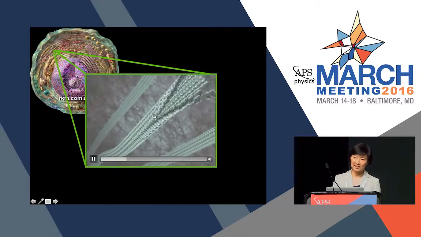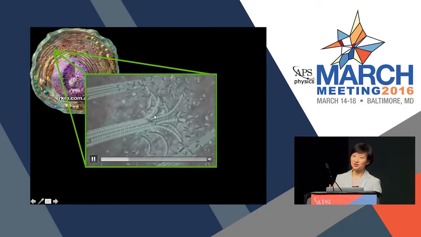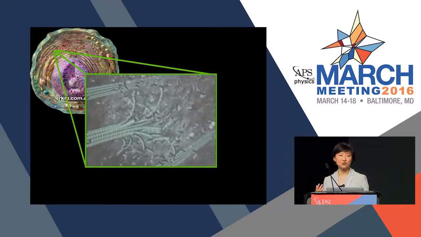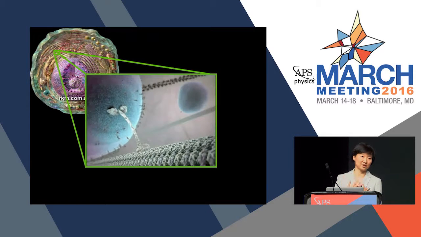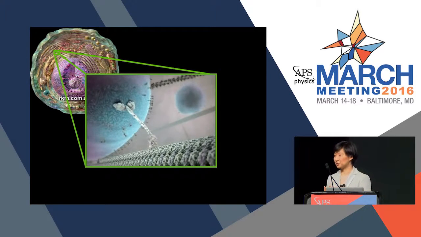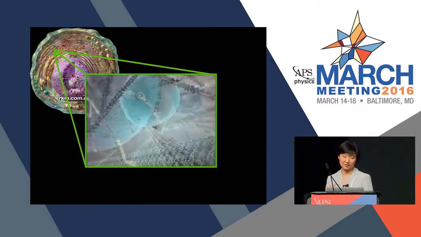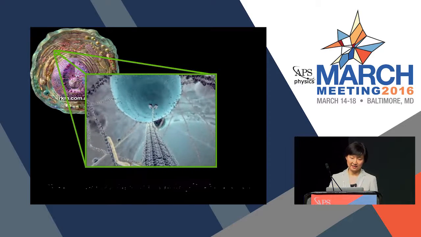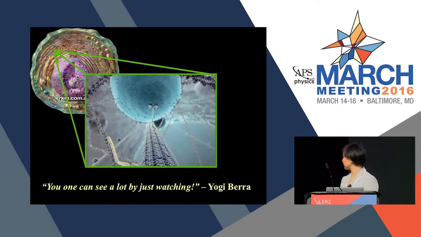With that, what my lab aspires to do is to find ways to directly visualize these molecular interactions and molecular processes in living organisms, and then hope that we can follow the model by Yogi Berra that you can see a lot by just watching. Through such a direct visualization approach, we get direct knowledge of how these molecules act together to give us life, and when they go wrong, how they cause diseases and so on.